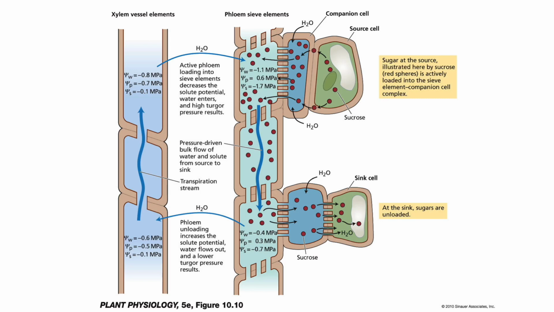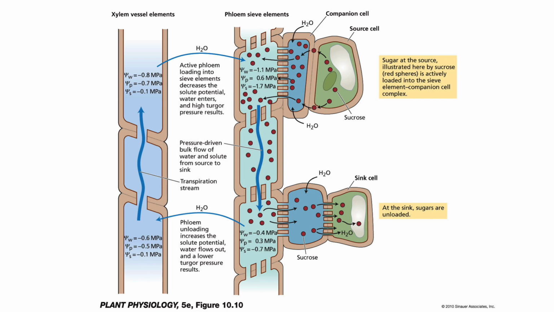And water is moving from what's shown here in the xylem at a higher water potential of minus 0.8 megapascals down its water potential gradient to a water potential of minus 1.1 megapascals. So water is moving passively in response to the much lower solute potential, because the solute potential is minus 1.7 megapascals as compared to the xylem, which has only minus 0.1 megapascal.